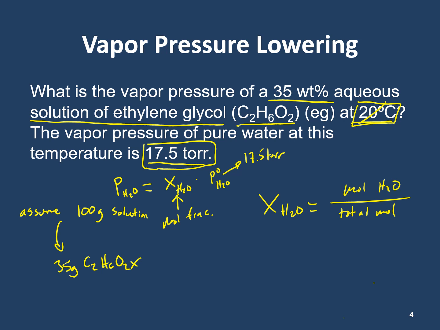The molar mass of ethylene glycol is pretty much 62.08 grams per 1 mole of C2H6O2. That's important, I need that value. And if I do that calculation, I get about 0.564 moles of C2H6O2.